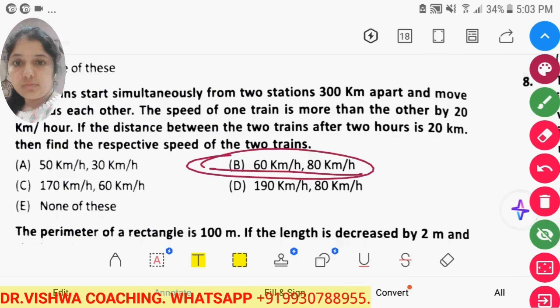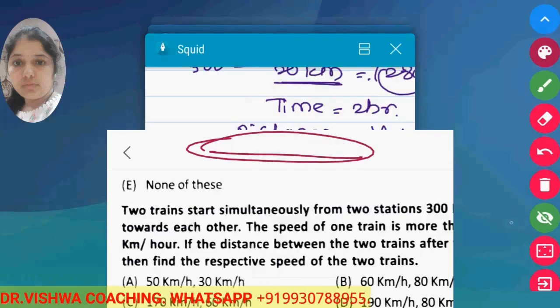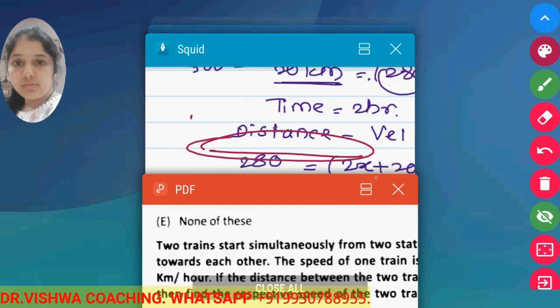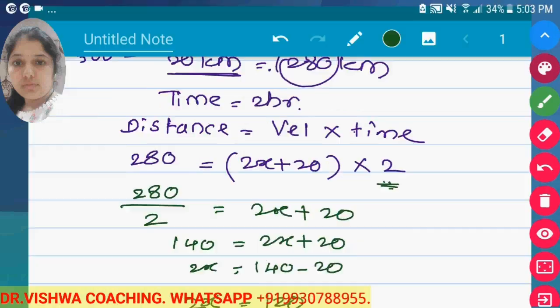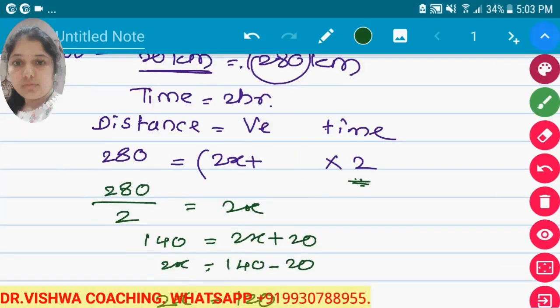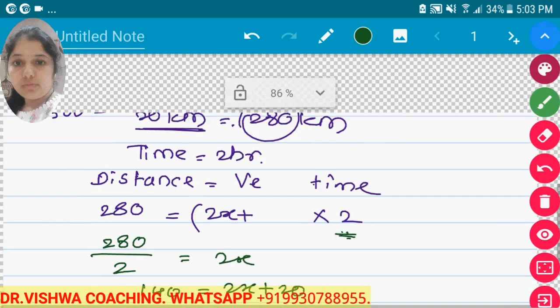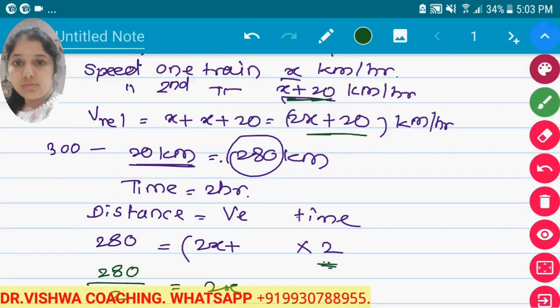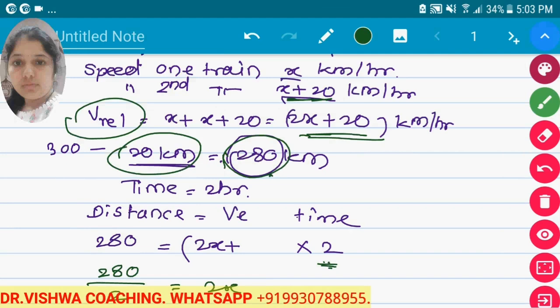Understood? What did we do? We assumed the first train's speed as x, then in variable form we write the other train's speed as x plus 20. Now relative speed of both the trains is 2x plus 20. Distance covered by them is 280 kilometer, as only 20 kilometer distance is left in between them.